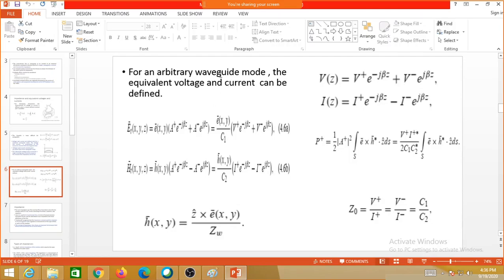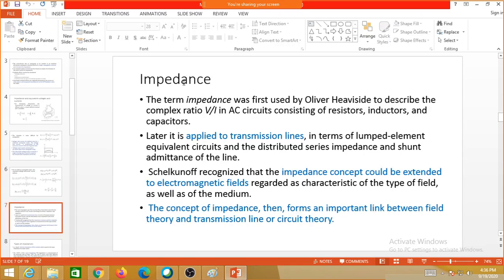Okay, so for any arbitrary mode in the waveguide, this is how we calculate the voltage, power or characteristic impedance.